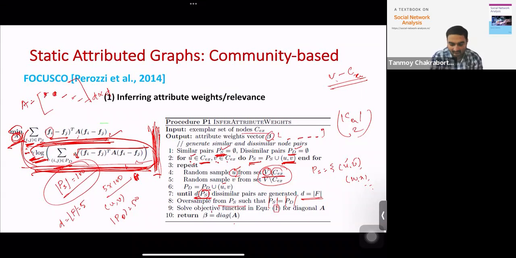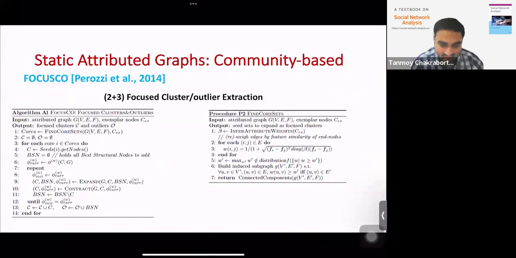So beta would be a feature vector containing all the diagonal elements of the matrix A. So what I got after this step is the importance of attributes present in the feature set. Now, what's the next task?